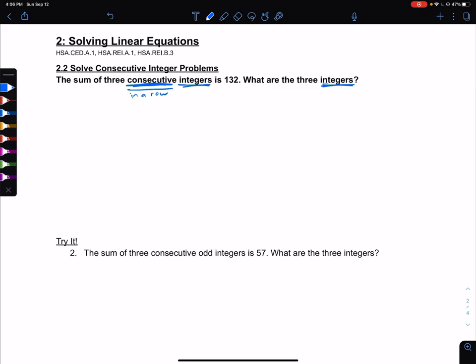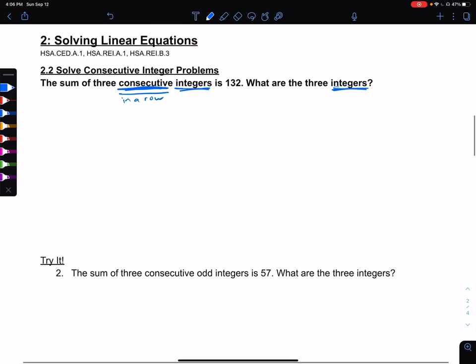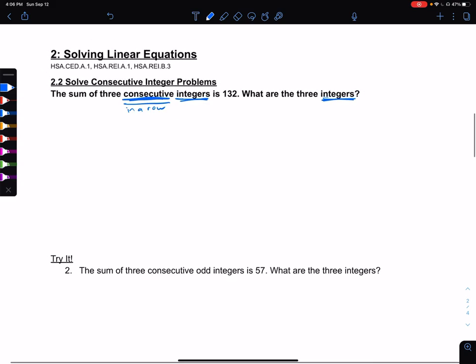So let's pretend, so we can learn how to set this up, that our three numbers were 8, 9, and 10. We're not even going to worry about the 132 right now. We just need to figure out how we would represent them as variables. Let's pretend that 8 is our first integer. We could represent that by the variable x. In terms of x, how would I represent 9 if 8 is x?